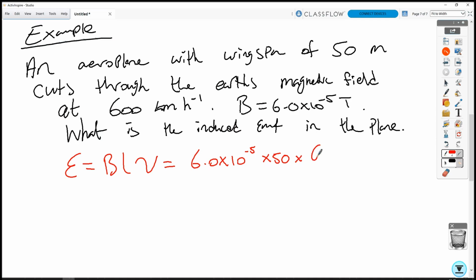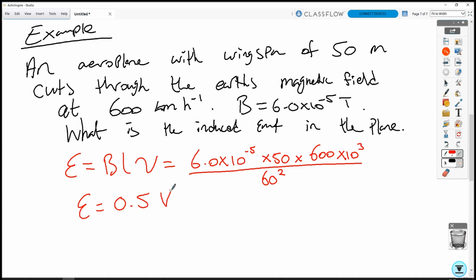So to do that, we're going to do 600. Take care of the kilo first, so times 10 to the power of 3. And then divide that by how many seconds are in an hour, which is 60 squared. And so that gives us an induced EMF of 0.5 volts.